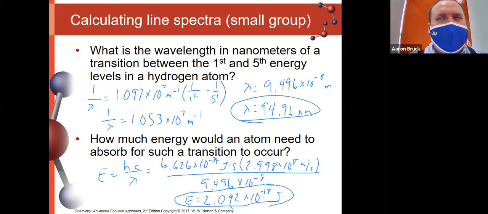If you carried the sig figs correctly, it would have been 94.96. For the second one, this is the kind of calculation we were doing at the beginning of Wednesday. Can you take a wavelength and turn it into energy? Or can you take a frequency and turn it into energy? And the answer is yes, if you use the Planck equation.